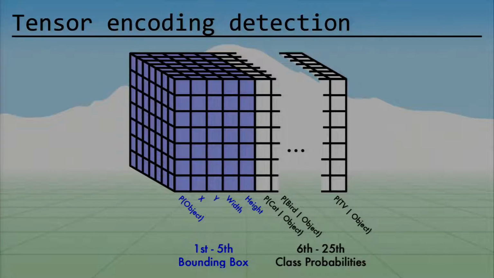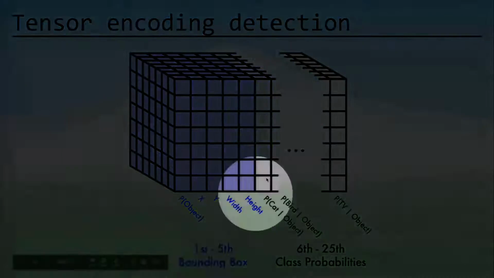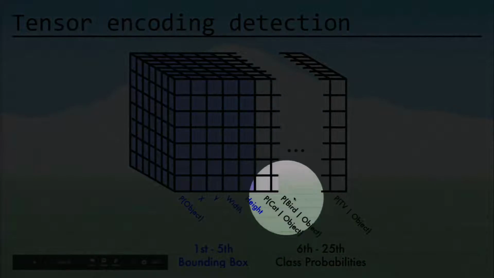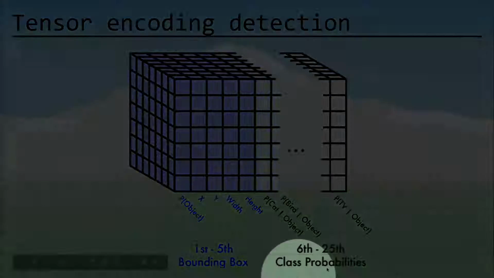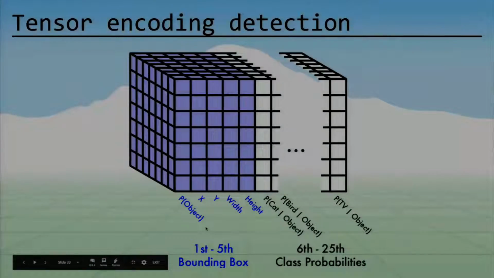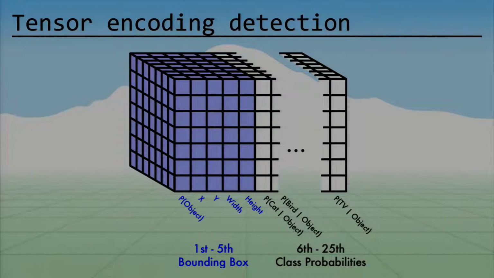If you just have unconditional probabilities here, probability of cat, probability of bird, probability of whatever, and no objectness prediction, then almost all the time there's not going to be a cat in a particular cell, or a dog or whatever. Your neural network is going to fall into this local minimum of always predicting 0 for all of those classes, or it's really hard to get it to not do that.